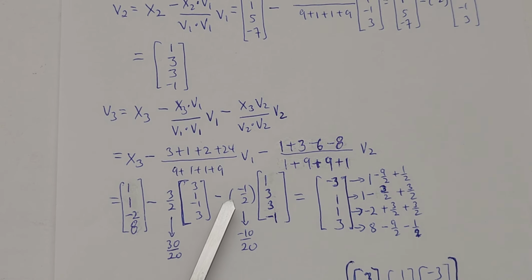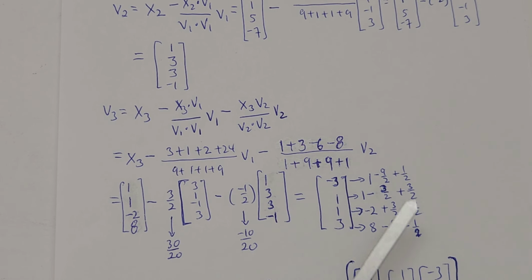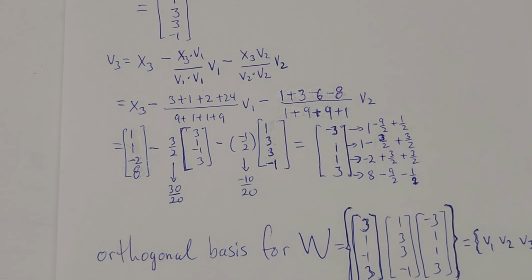This right here is my positive. Negative and negative gives me positive, so times another negative, which gives me this negative 1 over 2. Okay, and then the rest is just add and subtract this part right here, so that will become our V2.